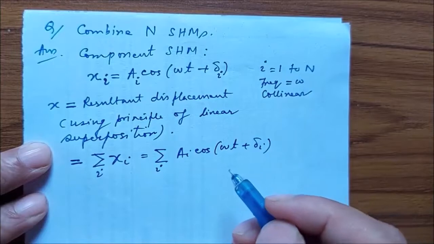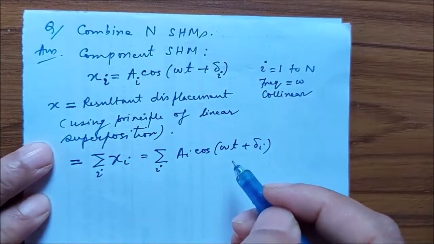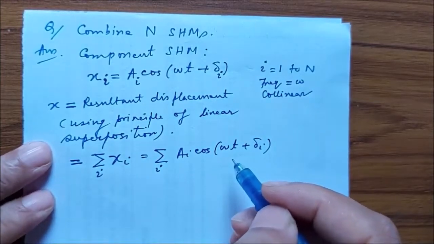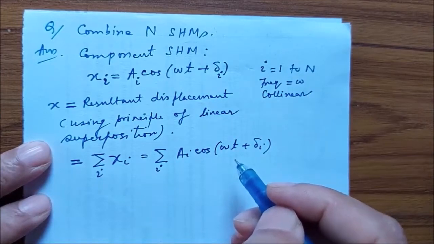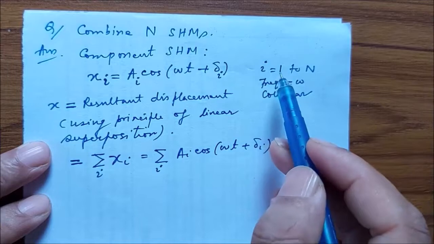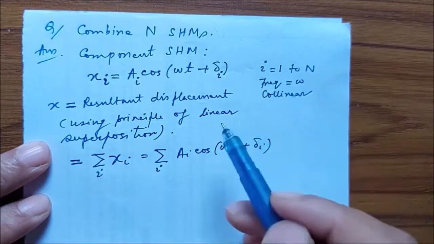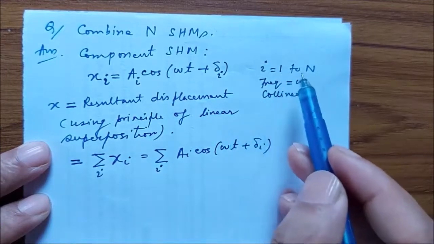In the previous video we did it for 4 SHMs, and therefore we will just write the result. There i ran from 1 to 4, but here it will run from 1 to n.